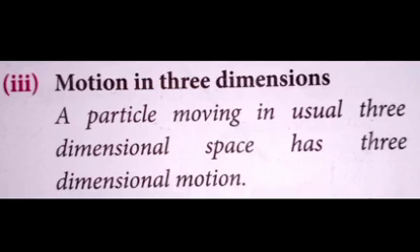And last one, motion in 3 dimensions. 3 dimensions means the object covers the x, y and z axes. See the definition. A particle moving in 3-dimensional space has 3-dimensional motion, which means it has 3 coordinates x, y and z. See the example.